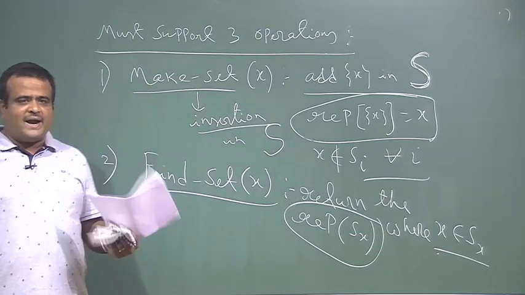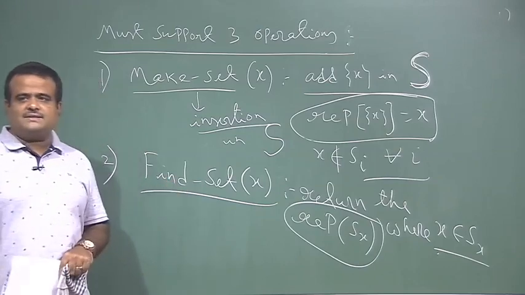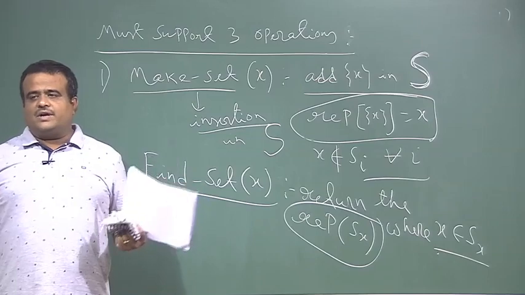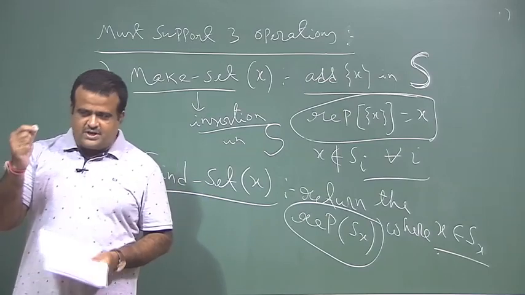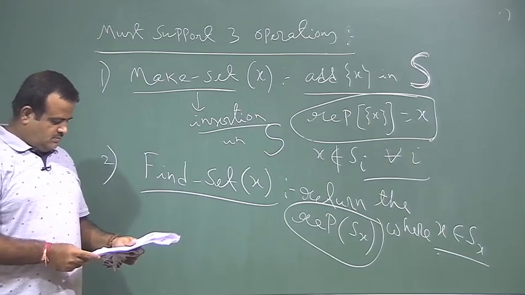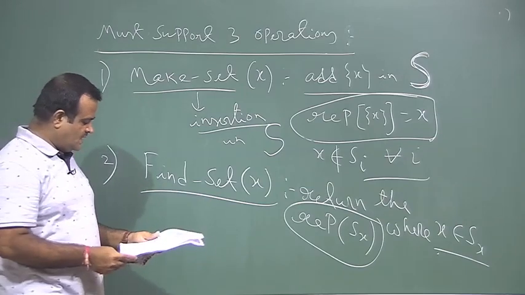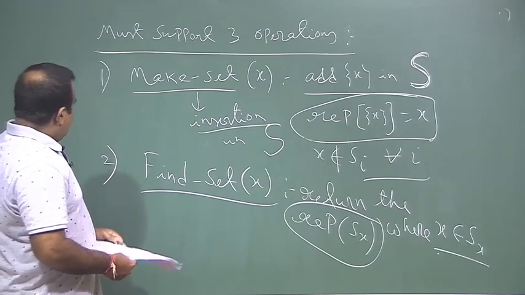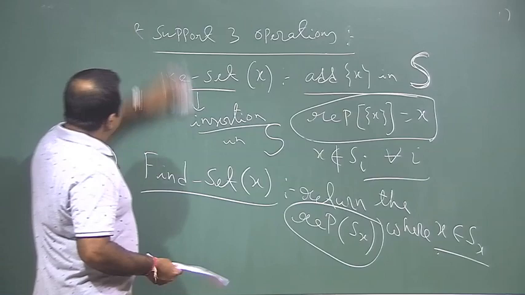Basically we need to find the set, this is find set. In order to return the set, we can return the representative element, because the representative element is representing the set. So this is the operation which is called find set, and another operation is union.